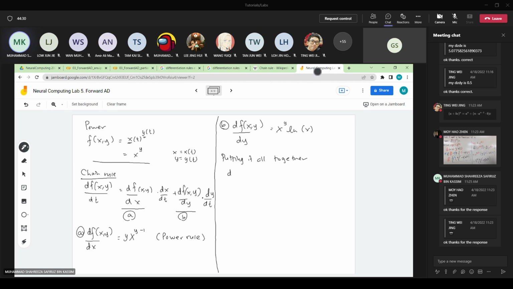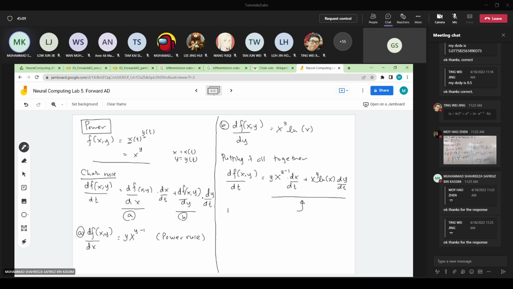The partial derivative of f with respect to t is equal to this term. So your power function in your dual number class should have this.